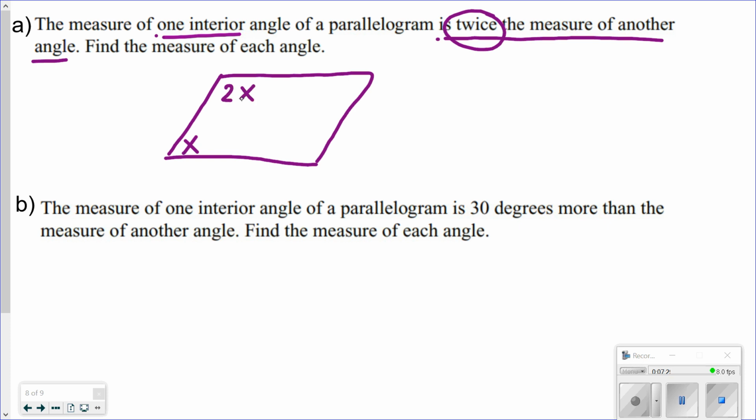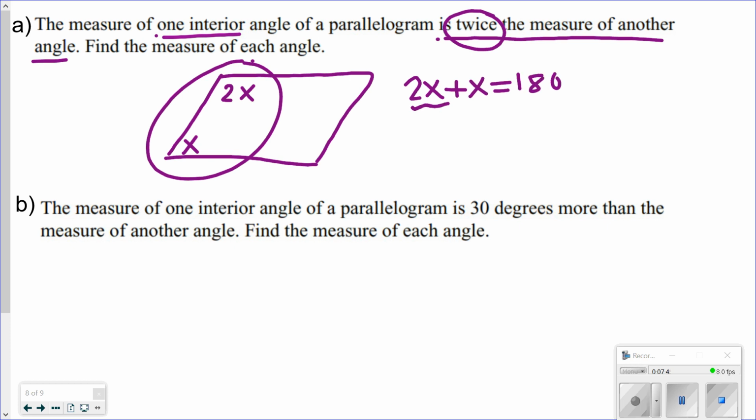All right, so now I have these angles. What do I know about this angle pair? Well, I know that they're supplementary, so they add up to 180. So I have 2x plus x is equal to 180. Let's combine like terms. 3x is equal to 180.